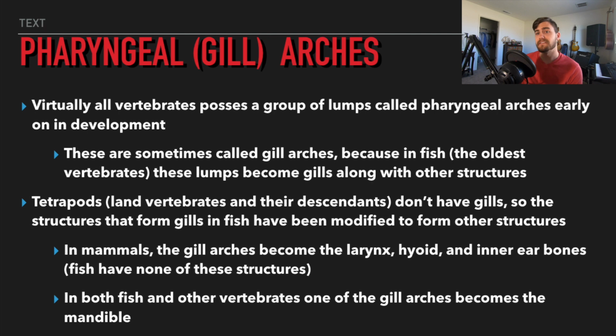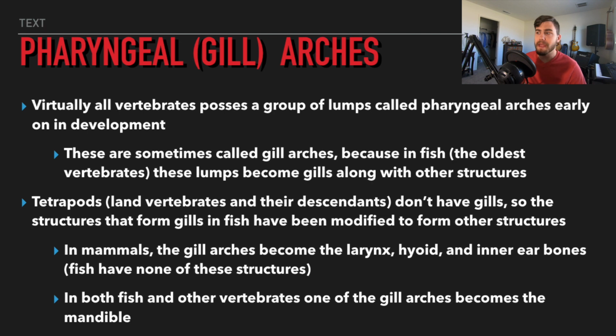But tetrapods, land vertebrates and all their descendants, so again, amphibians, reptiles, mammals, and birds, none of us have gills, right? Except some amphibians have gills in their early stage, and a couple in their adult stage too. But the structures that form gills in fish have been modified and repurposed in us to do different things.